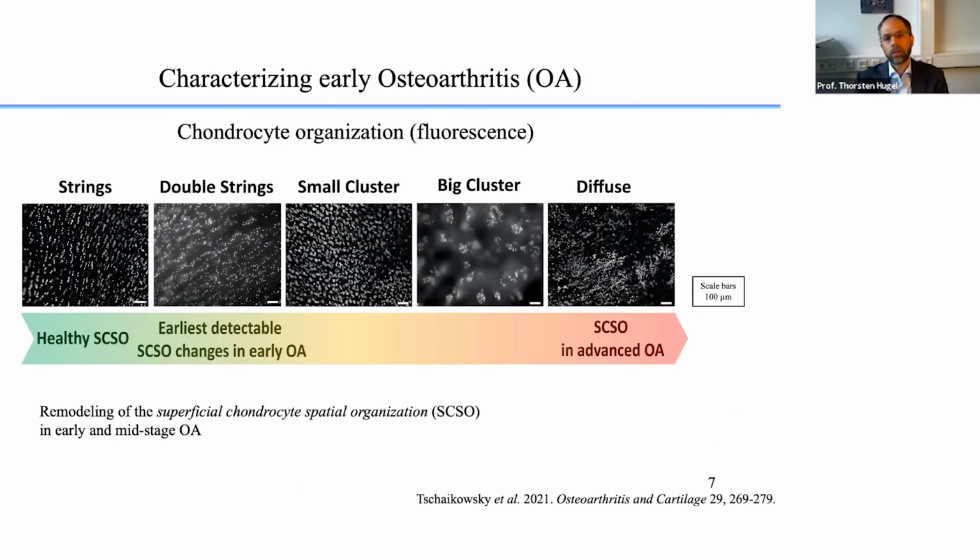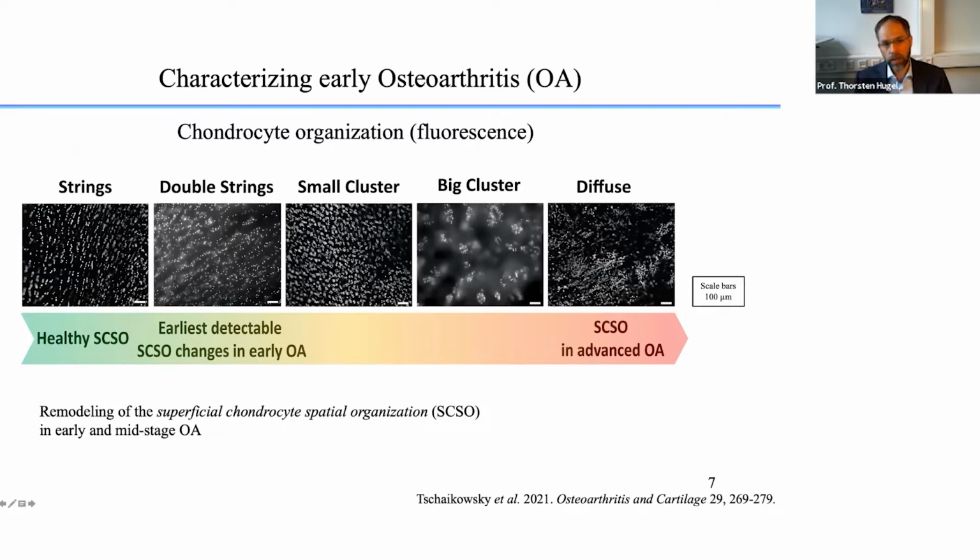And so here, Bernd Rolauffs came up with something on an almost millimeter scale. He looked at the organization of the chondrocytes, so these are the cells in this cartilage sample. And this is the one slide you already saw in Matthäus' talk. So he categorized this organization of the cells into different patterns.